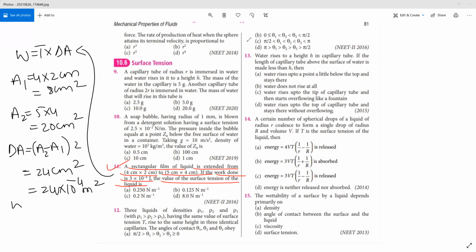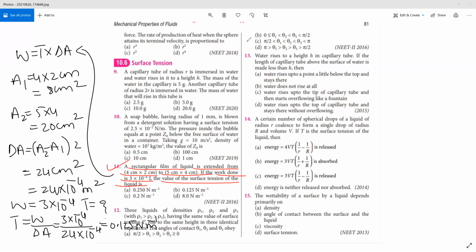Work done is 3 into 10 to the power of minus 4, and we have to calculate the surface tension. Therefore, T is equal to W divided by delta A, that is 3 into 10 to the power of minus 4 divided by 24 into 10 to the power of minus 4. You can simplify the result to 0.125 Newton per meter. So therefore, for the 11th one, this is the right answer.